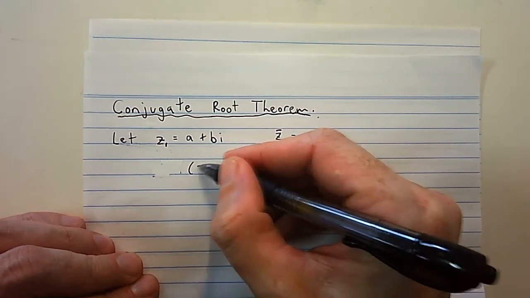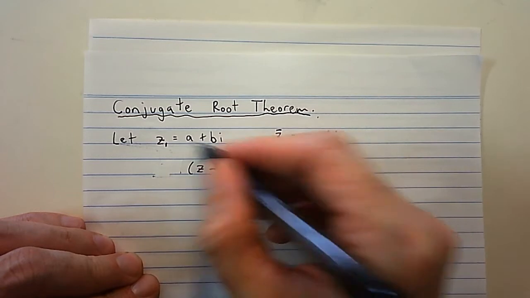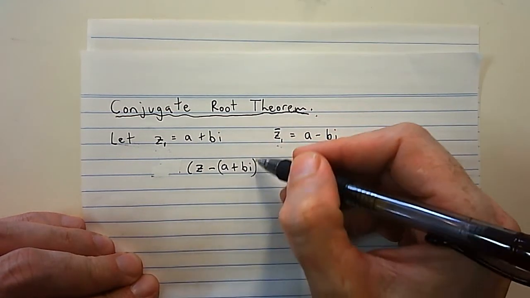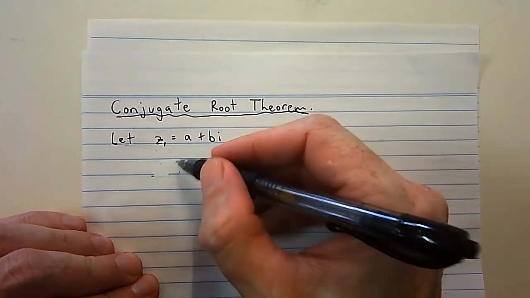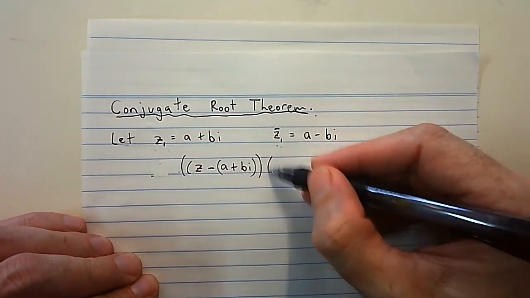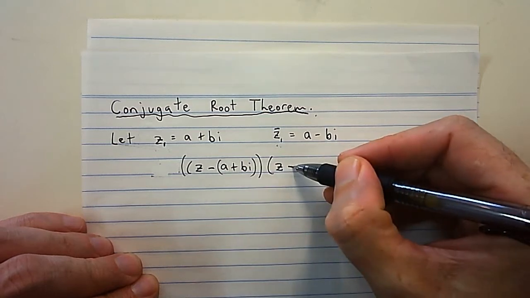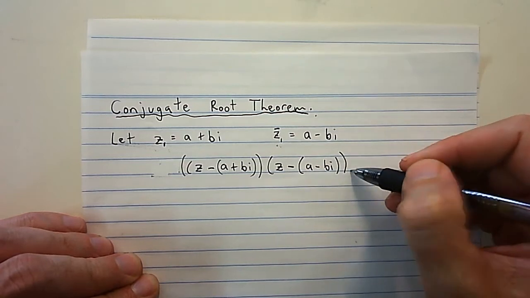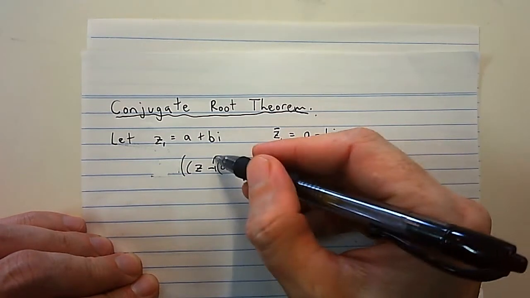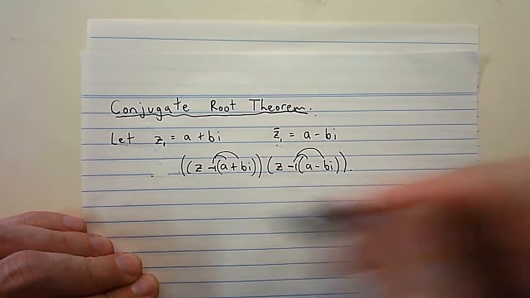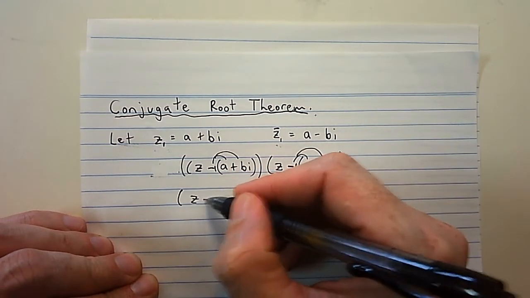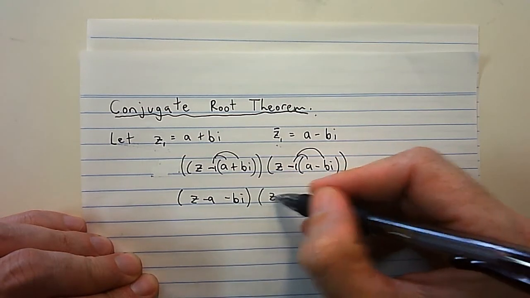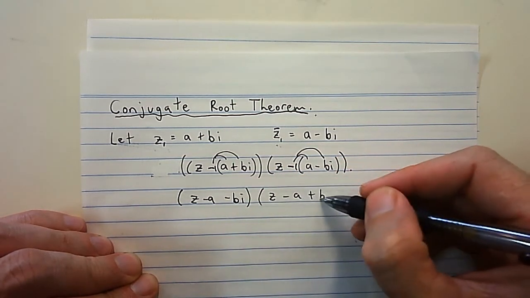So if we had some z value, take away this root here, a plus bi, in brackets, and the other factor that I had was z take away a take bi. I'm going to expand out this -1 to each one of these, and I'll end up with z take away a, take away bi, and z take away a plus bi.